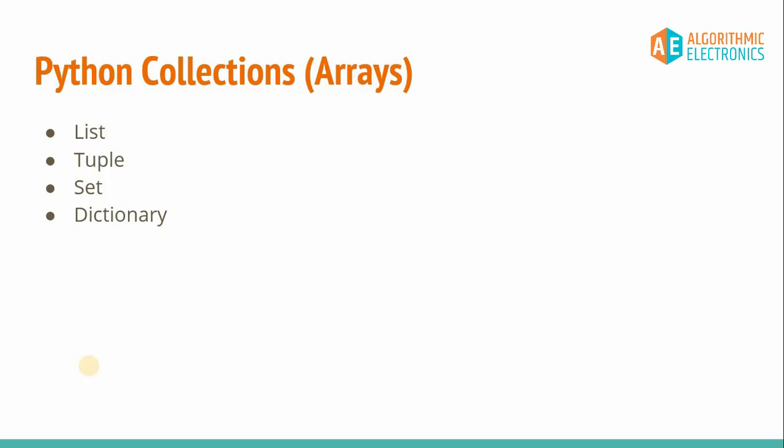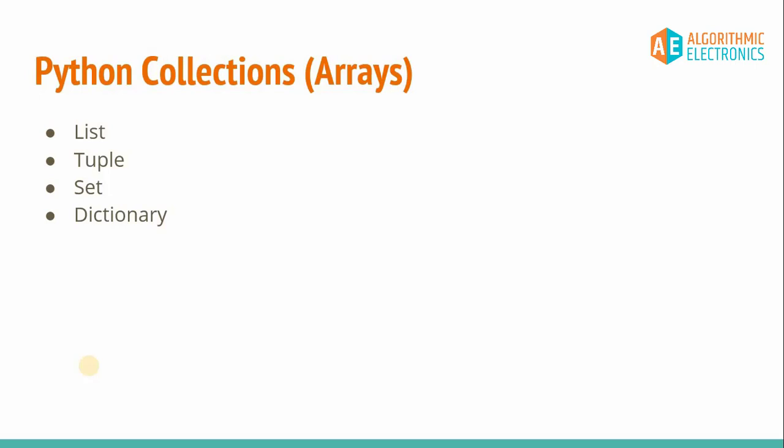The list is the collection which is ordered and changeable, and allows duplicate members. The tuple is also ordered and indexed, but it does not allow changing any value inside the tuple. Whereas the set is the collection which is unordered and unindexed, and no duplicate members are allowed.